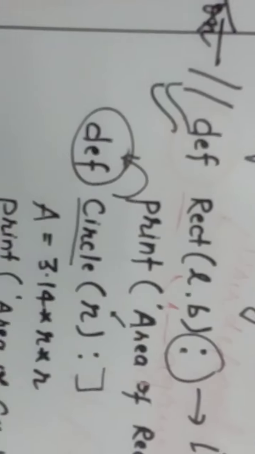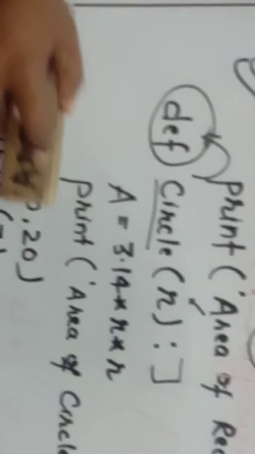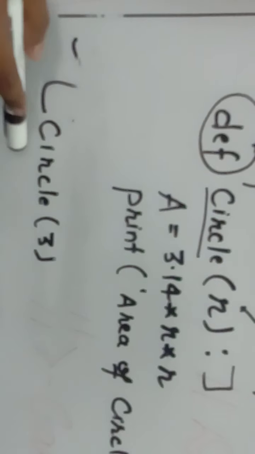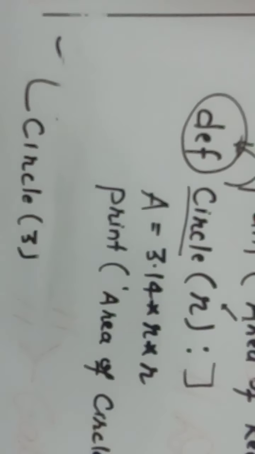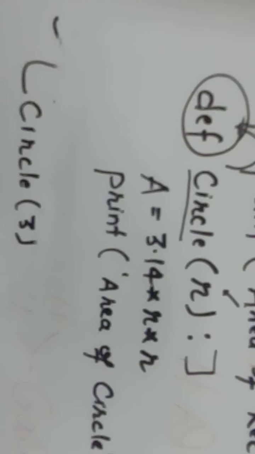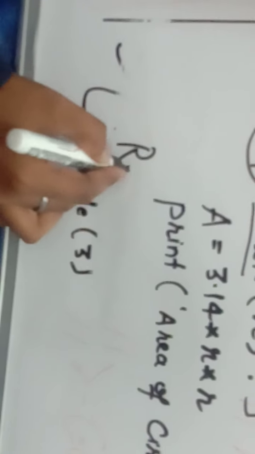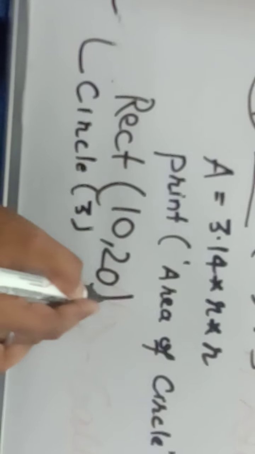But think about it: if we do not want to print the area of the rectangle, simply we will not call this function. If we do not call this function, then only the area of the circle will be executed, not the area of the rectangle. Other code is the same. If we need to print the area of the rectangle, then at that time we will call that function and it will be printed. Got it?